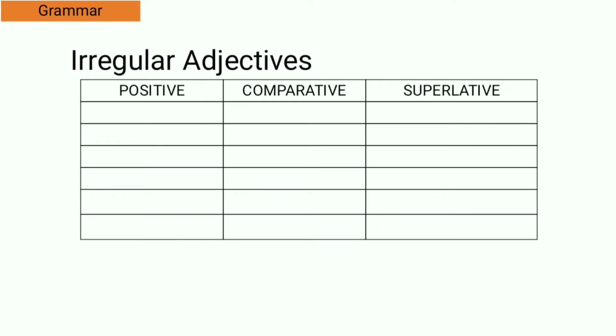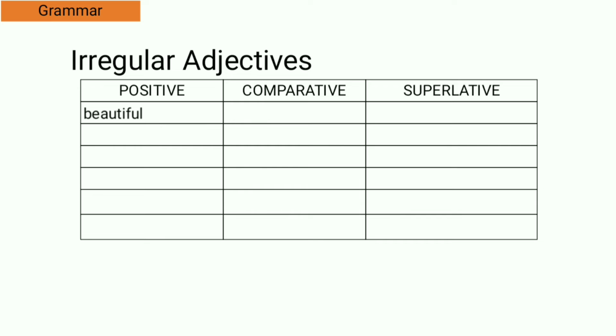So let us try to see some more examples. We have here the positive form of adjective, for example, beautiful. Beautiful is in how many syllables? Beautiful. There are 3 syllables in the word beautiful. What is a syllable? A syllable is a number of cuts in a word, or a group of sounds in a word.